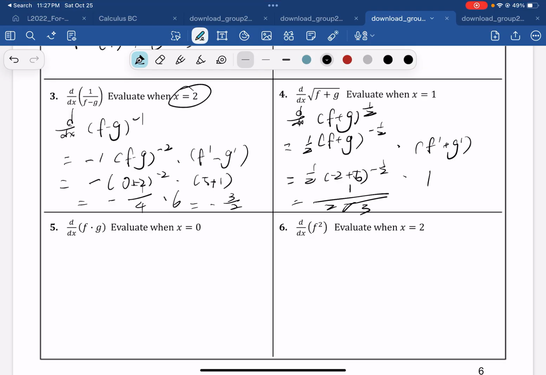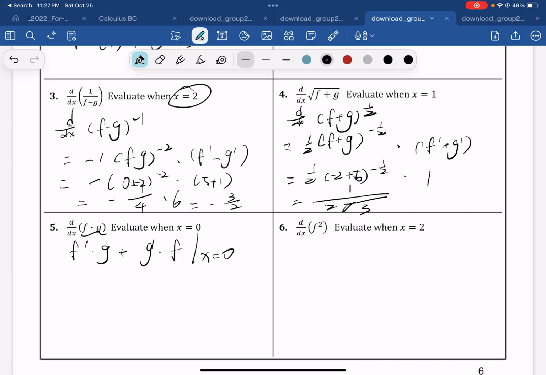If you've got to find the derivative of a function times another function, in this example it's f prime times g plus g prime times f.